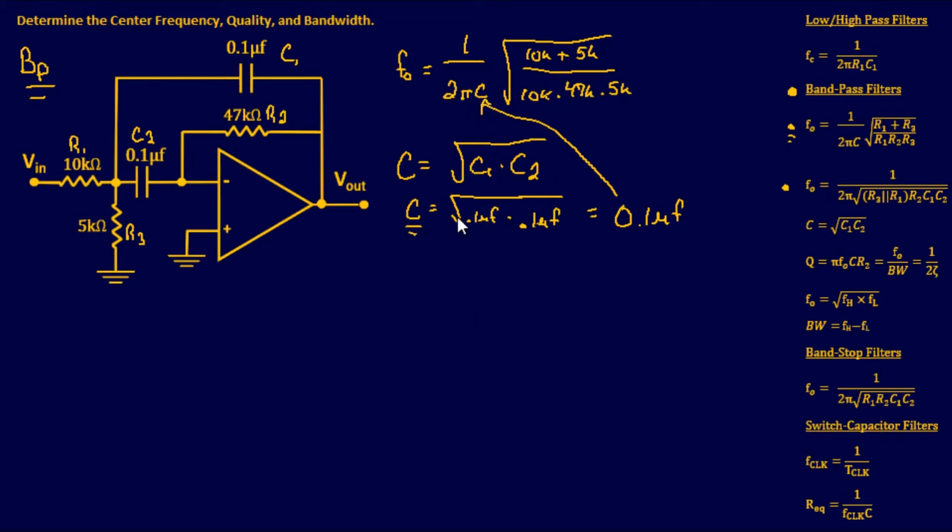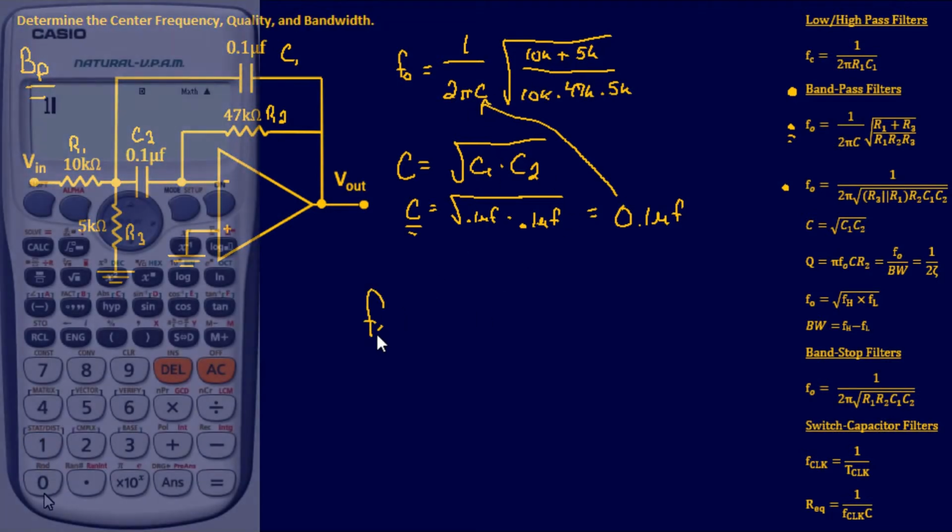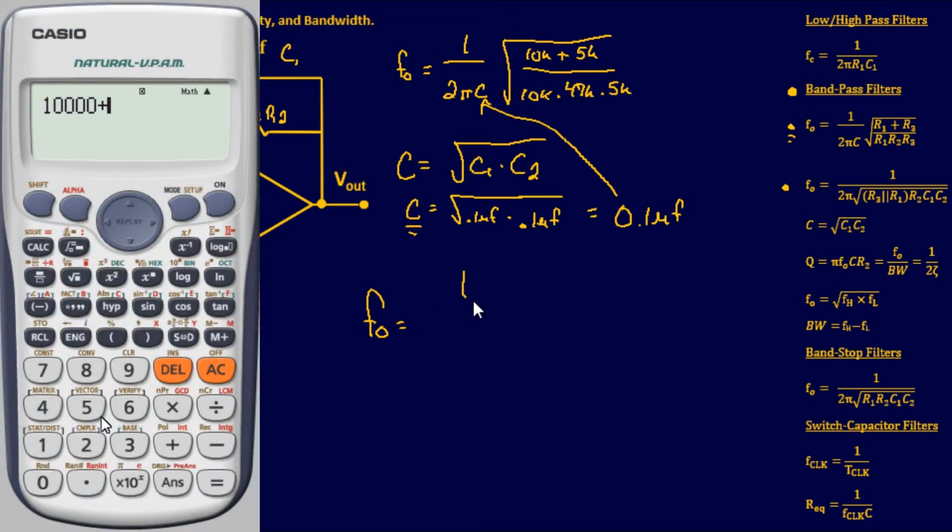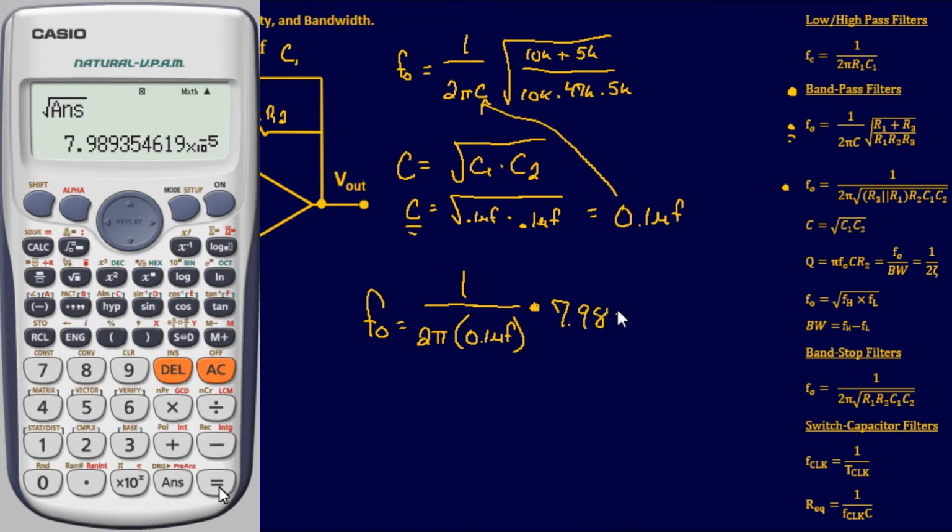Let me plug and chug this in the calculator and bring the rest of this down. So our center frequency equals 1 over 2 pi times 0.1 microfarads times, and I'll plug this in the calculator just to make it easy on us. That gives me 7.989 times 10 to negative 5.